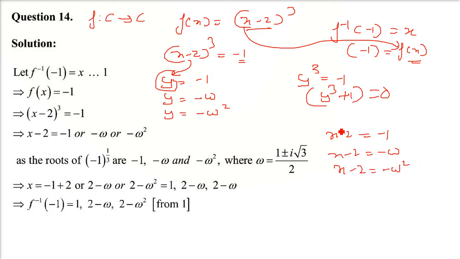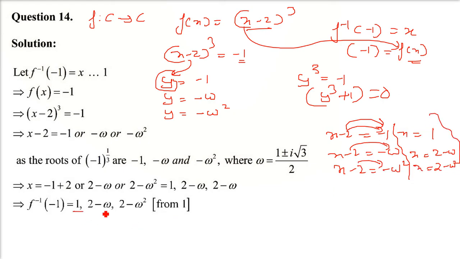So what do you get from here? x equals 2 minus 1, which is 1. From here you get x equals 2 minus omega. From here you get x equals 2 minus omega square. So this is the solution: 1, 2 minus omega and 2 minus omega square.